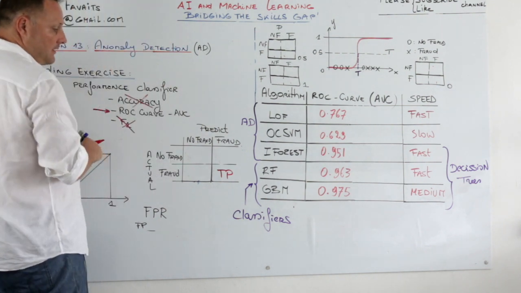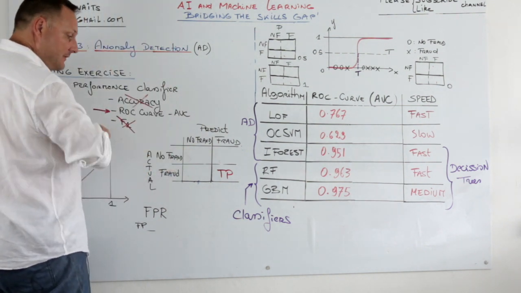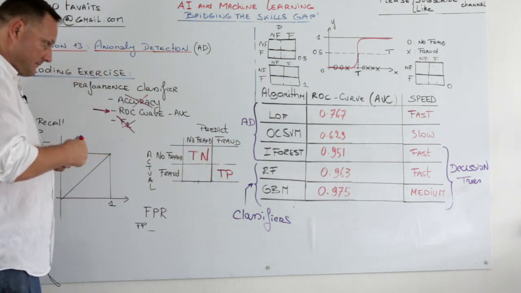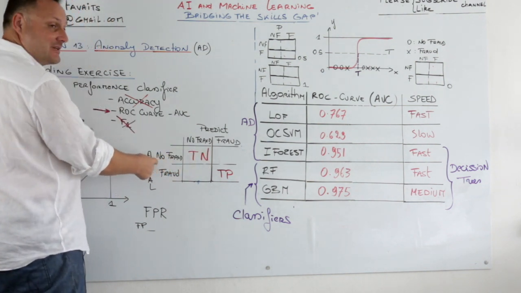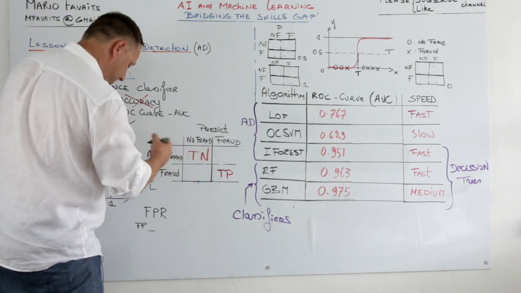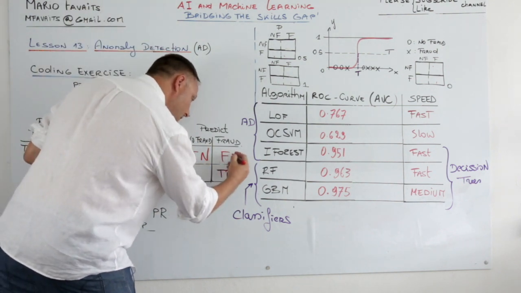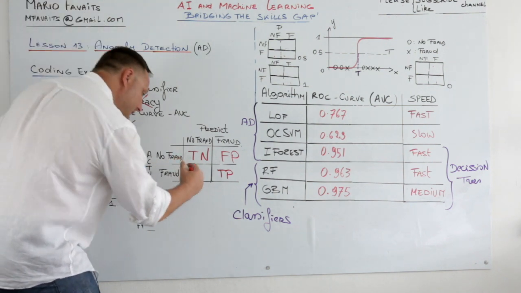When I predict no fraud and the actual is no fraud, then I have a true negative. When I predict fraud and the transaction is not fraud, then I have a false positive. And when I predict no fraud and it's actually fraud, I have a false negative.